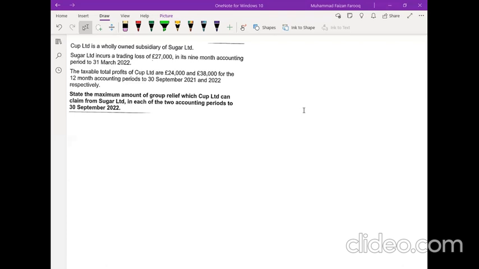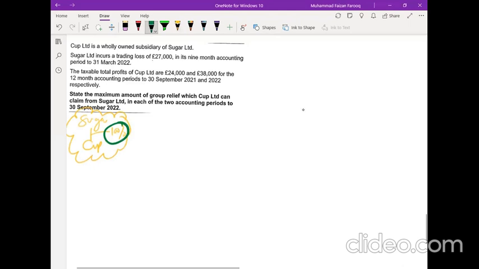If you see the question, please read the question. Cup Limited is a wholly owned subsidiary of Sugar Limited. Sugar is the parent, and wholly owned means 100% holding. So the group is formed.